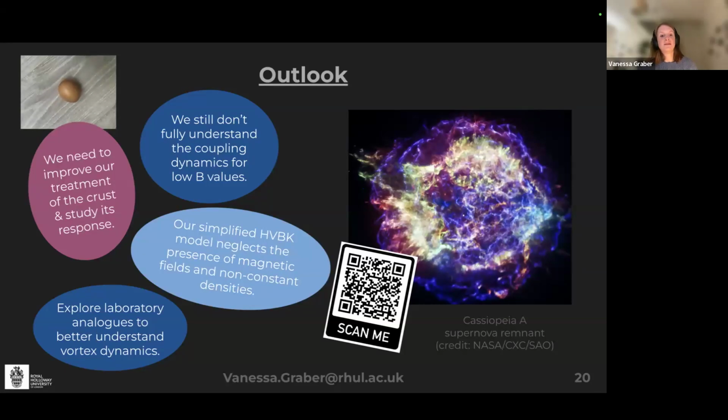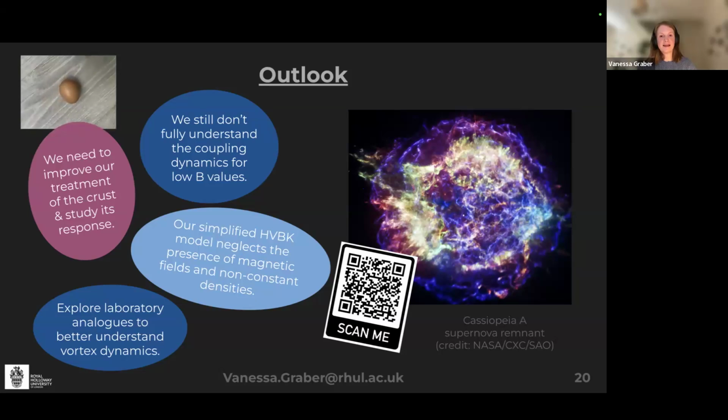I also mentioned that we understand the outer layers relatively well, specifically the high coupling regime. But for the low B values that are likely to affect the neutron star interior, there's definitely something that we're currently missing. That's also the regime where we're having a hard time simulating, just because it takes a lot longer to run these simulations.